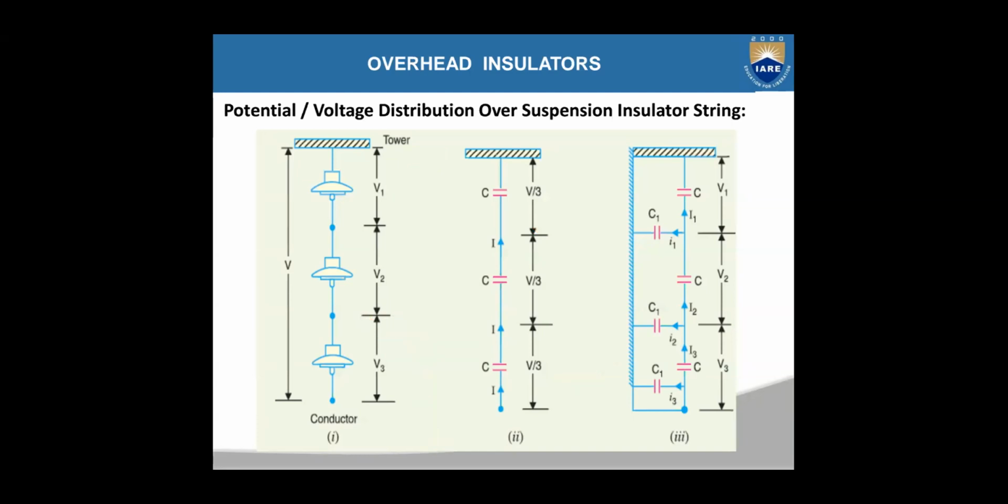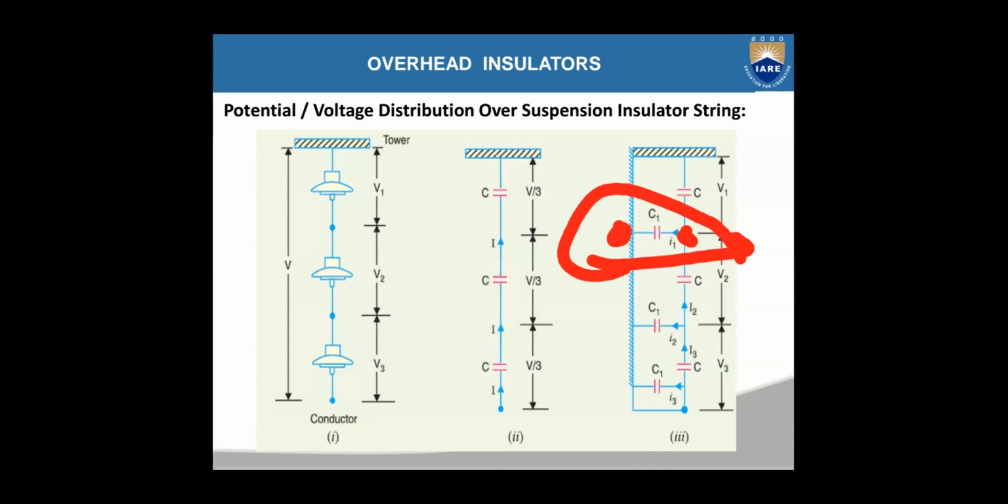But generally it is not the case. If there are 3 discs connected in series, the voltage across each disc will not be the same for all the discs. Why? Because you will have a capacitance between each metal link and the tower also. If you observe the third diagram here, between each metal link and this tower, you will have some capacitance.